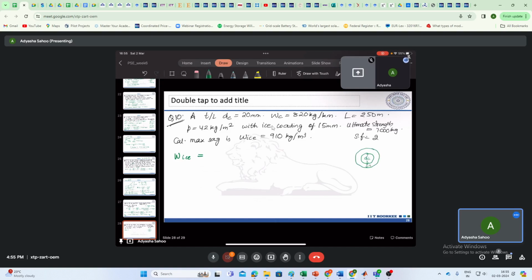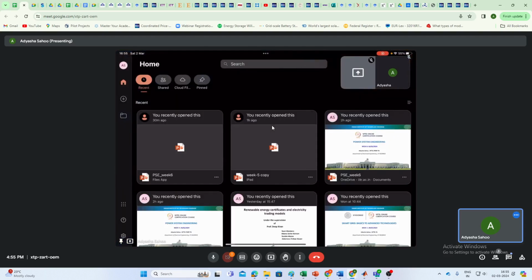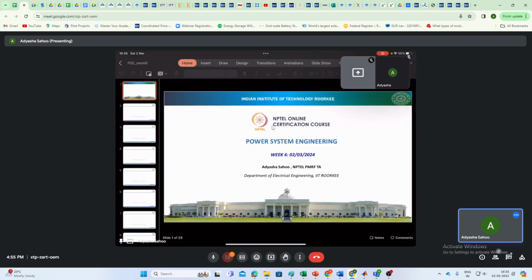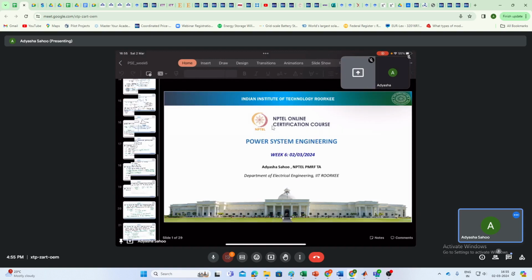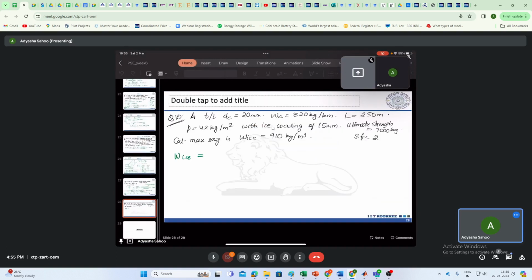This is T. This is T. So this is DC. So uniform coating of T, and this is your wind pressure acting P.